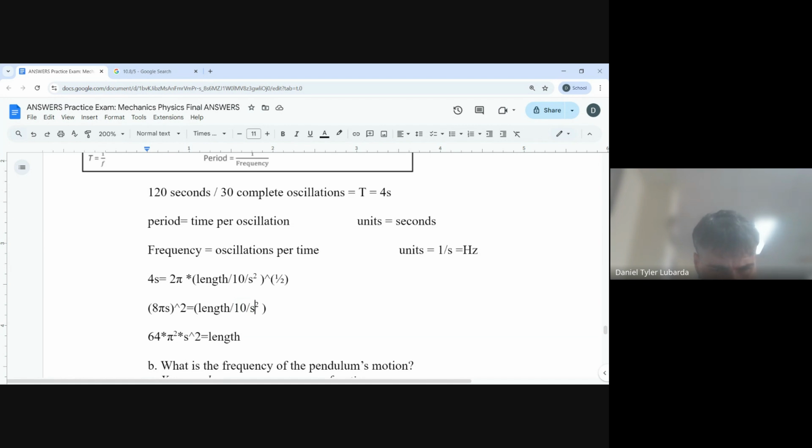What that is going to do is cancel out this part right here. It's also going to change our 64. Let's make that a 6.4.